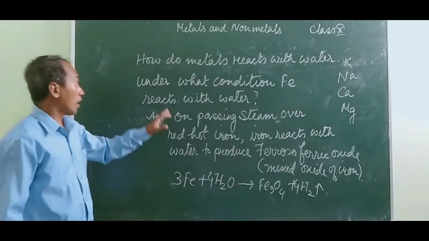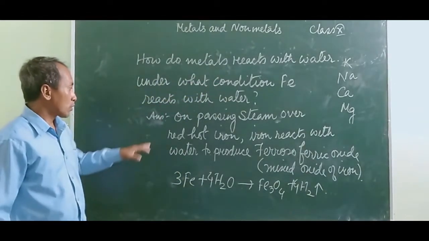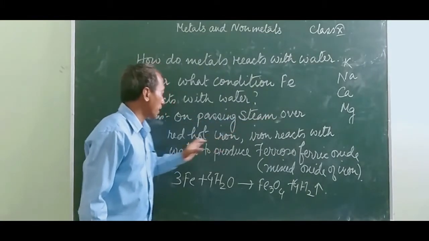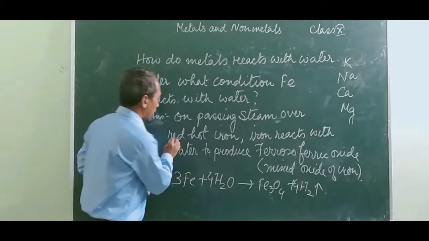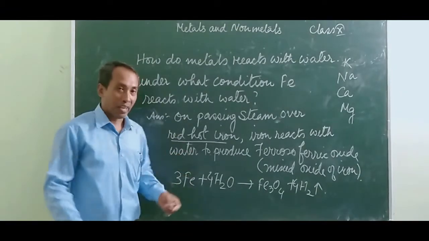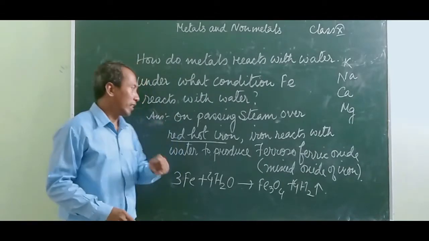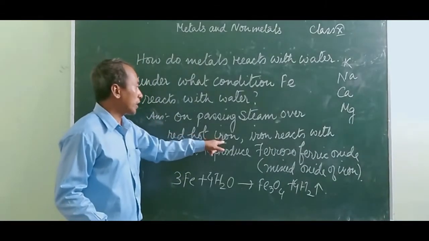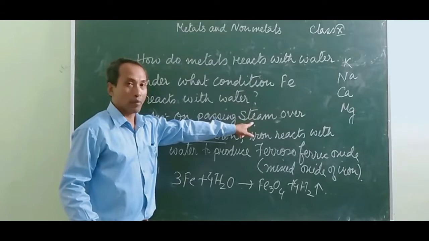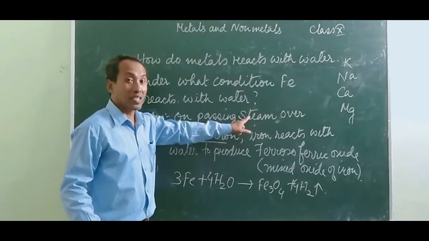So here, under what condition does iron react with water? On passing steam over red hot iron. What is the meaning of red hot iron? You take a piece of iron and put it under coal and make it red hot, and on that red hot iron, if you pass steam, not cold water, not boiling water, but steam.